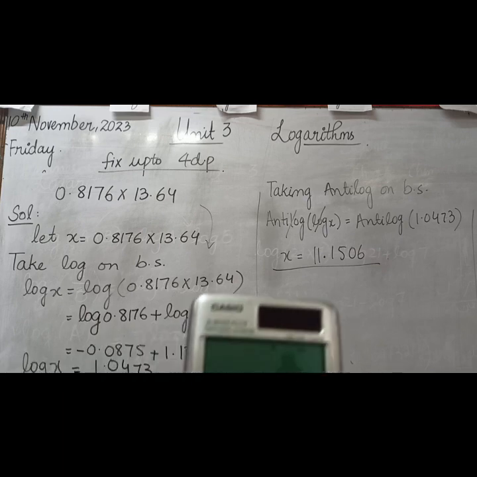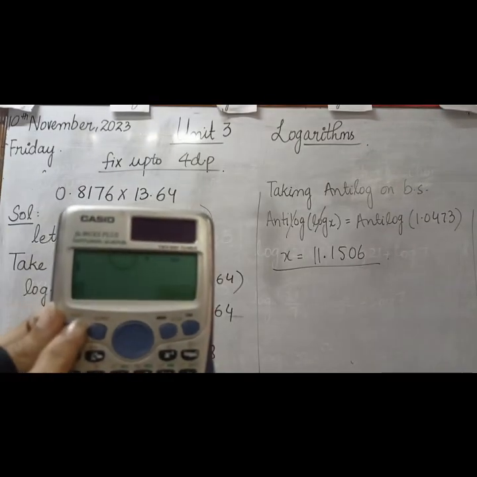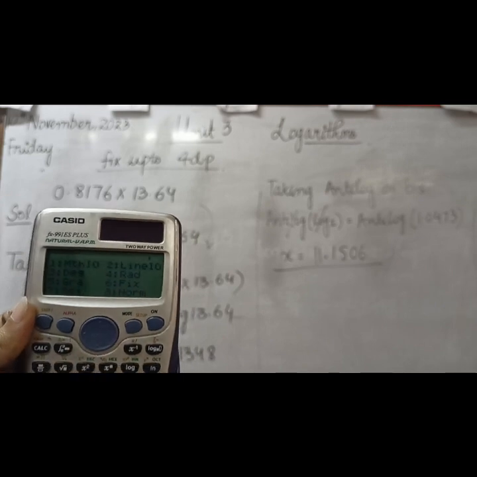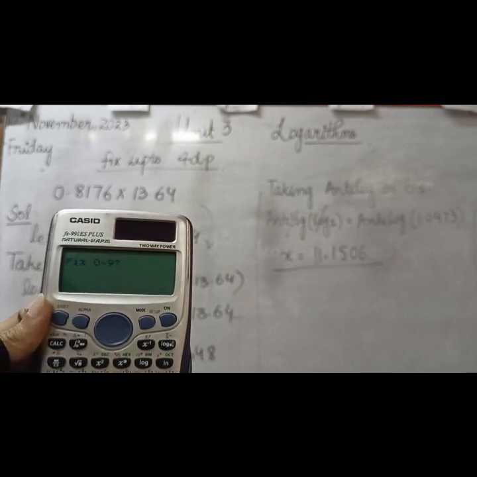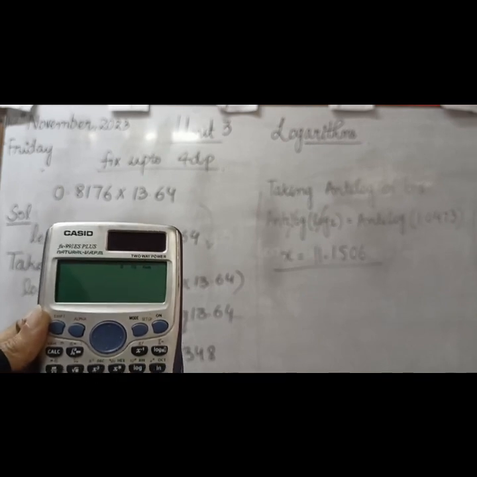Look at this calculator, boys and girls. To fix your calculator, first of all you have to press the button of shift, then mod, then press 6 and then 4. Now your calculator is fixed up to 4 decimal places.